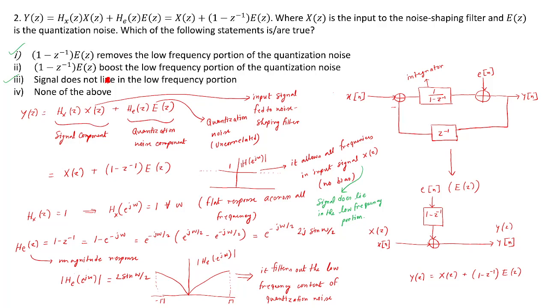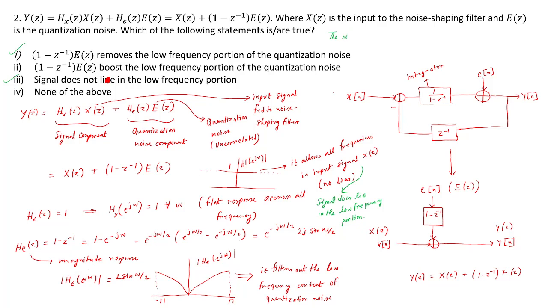Now if you apply a little bit of brain here, you can see that in the low frequency region your signal remains as it is after applying the noise shaping filter. However, the low frequency content of your quantization noise is removed or mitigated to a great extent. So it is going to boost your SQNR in the low frequency region. That is the goal of the noise shaping filter. So let me write it down here.